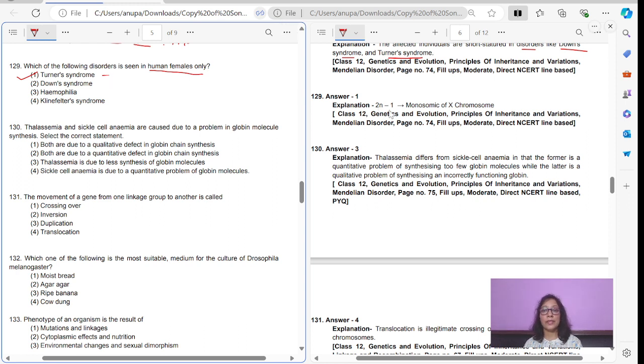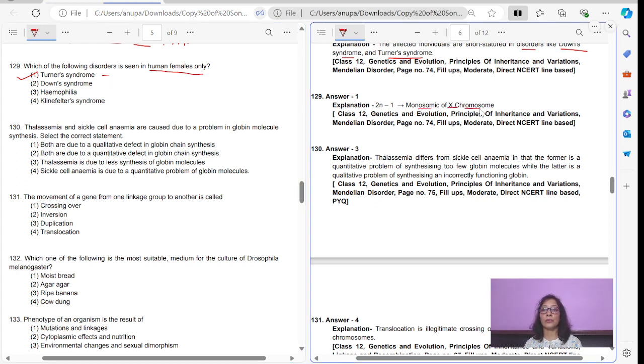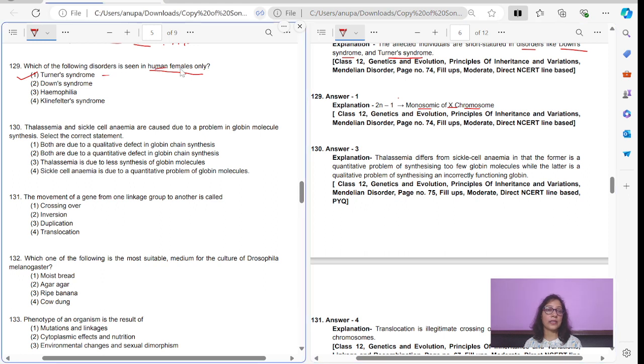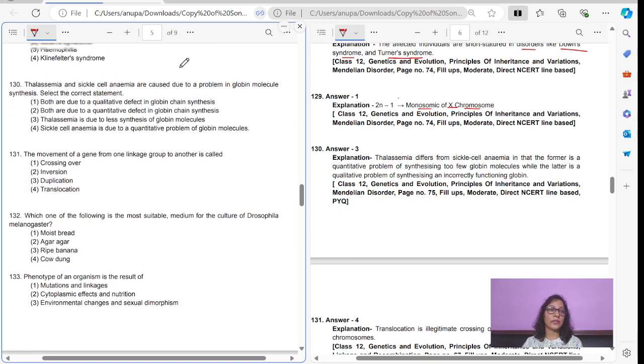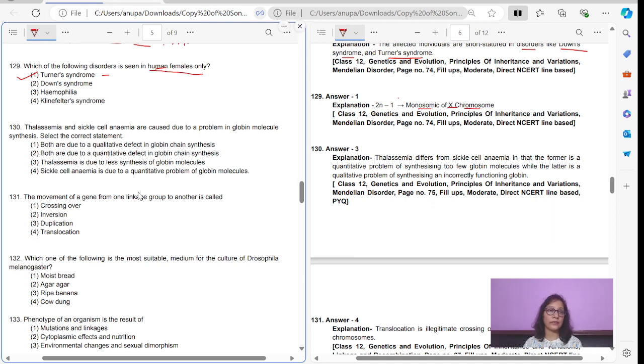Turner syndrome is basically monosomy of the X chromosome, means one X chromosome is absent. Such a disease is known as Turner syndrome, and can be seen in human females only because it is related to the X chromosome. So the answer of this question will be option number 1.